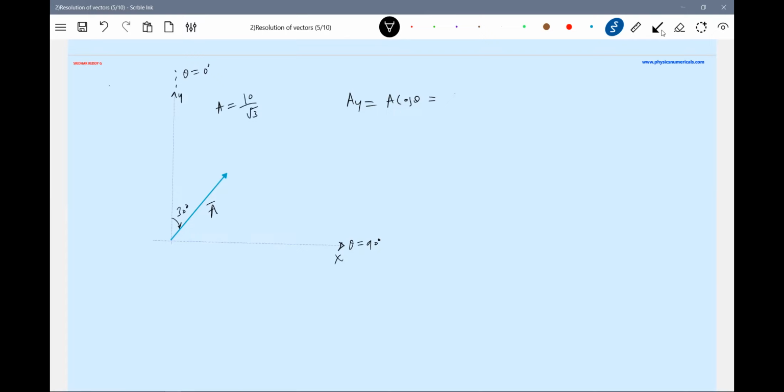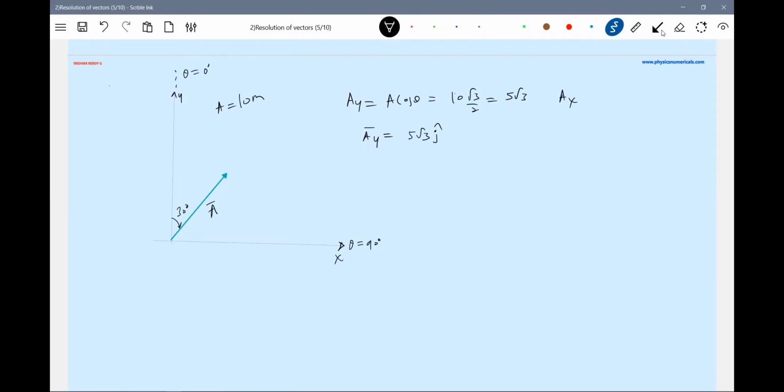Why bring 10 meter, we'll write it. So this will be 10 root 3 by 2, so 5 root 3. So what is AY bar? AY bar will be 5 root 3 J cap.